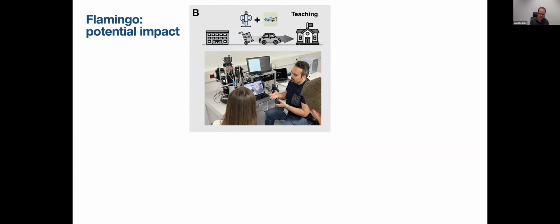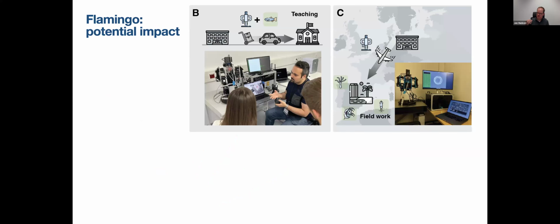So in the simplest case, we take the Flamingo and go to other places to be able to teach people about light sheet microscopy, right? We can also take the instrument to a remote place and do field work. We can image specimens on the beach, so to speak, right? You can set up a Flamingo in your Airbnb and be in a remote place, collect samples, and then image them.